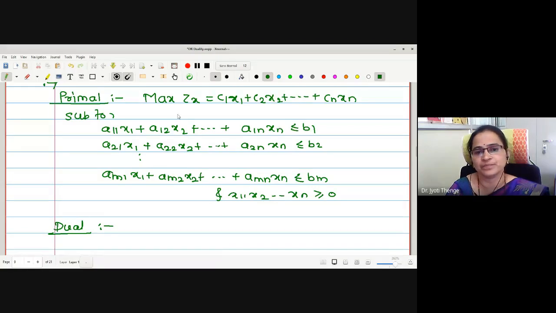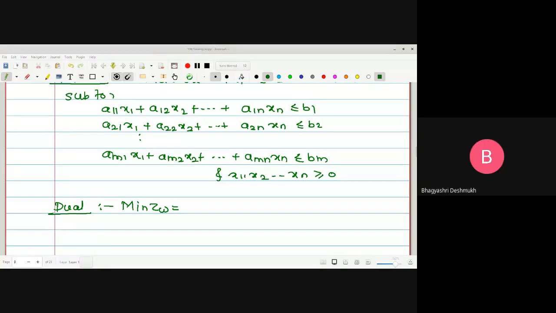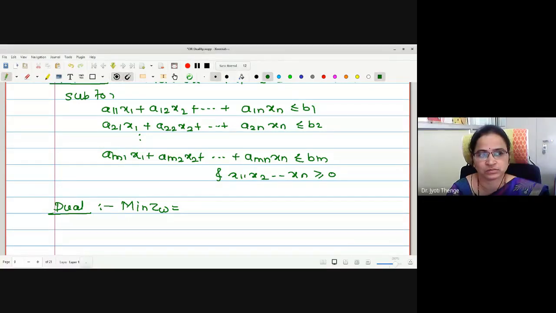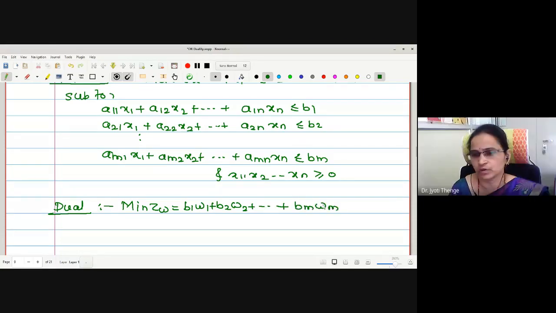What is the dual? The objective function is minima. I will use W variables. What is the objective function? It is b1 W1, yes, good, b1 W1 + b2 W2 and so on up to bm Wm. Good.